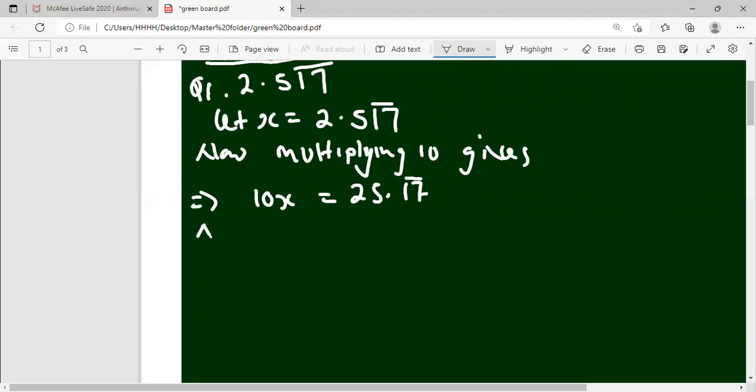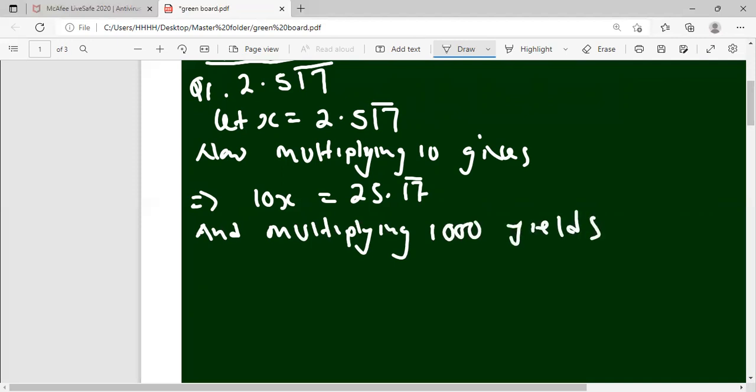And for example, multiplying by 1,000 yields the following results. What does it get? So if you multiply x by 1,000, you have got 1,000x.